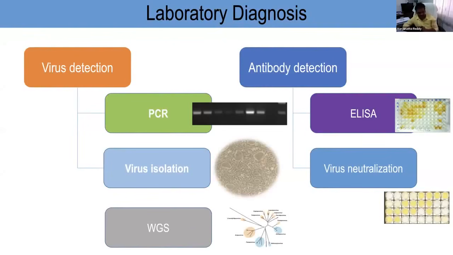If it is a peculiar virus, we do isolation of the virus through NDBK or BHK or Vero cells. Of late, we have started sequencing some of the genomes.